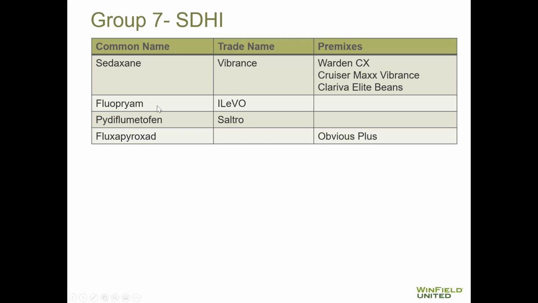So Fluopyram, for example, is being used in Delaro Complete, whereas this one, the Saltro active ingredient, is being used in Miravis Neo. Okay, so a lot of them are being used in multiple locations. Both are very effective against SDS.